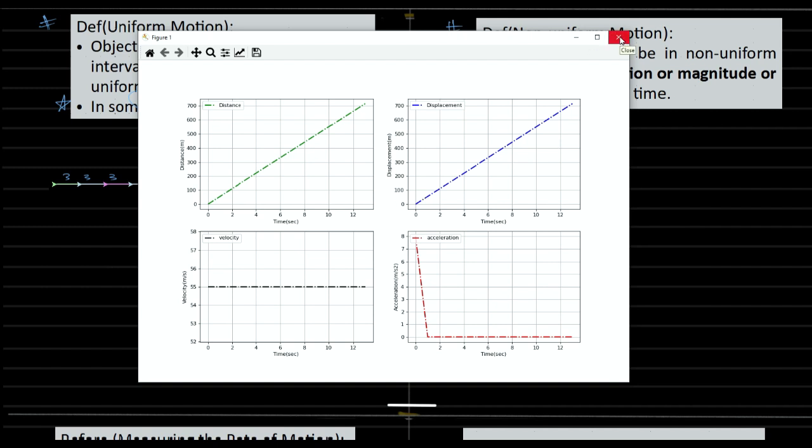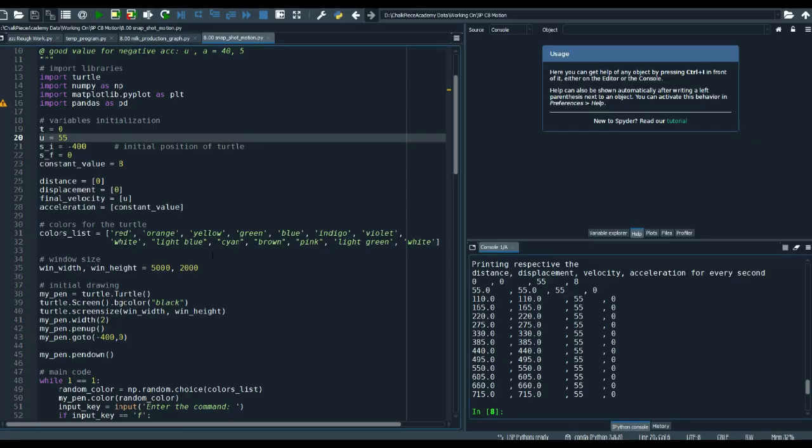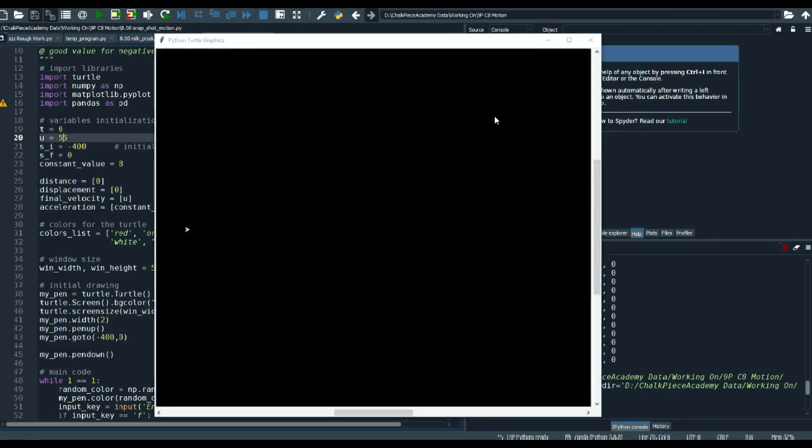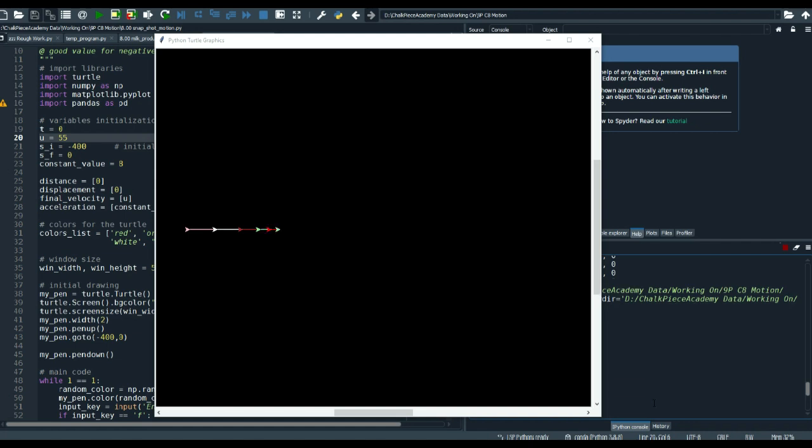Right, now let's move on to non-uniform motion. So let's have a look at this now. So can you see that? It's increasing, decreasing the speed, and in some stretch I'll keep it the same.